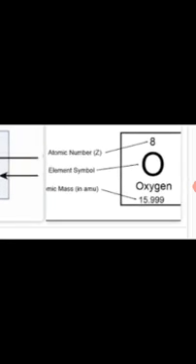This O is the symbol of the oxygen element. 8 is the atomic number, which is represented by Z, and 15.999 is the atomic mass, which is measured in AMU, atomic mass unit.